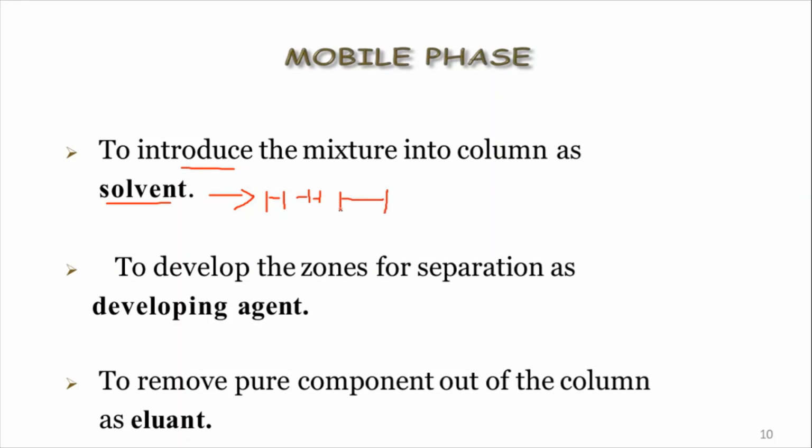Why are we using these 2 or 3 solvents? For example, first we take one solvent for packing the column and determining the void volume, how much volume of sample is occupied in the column. For that purpose we use one type of solvent.